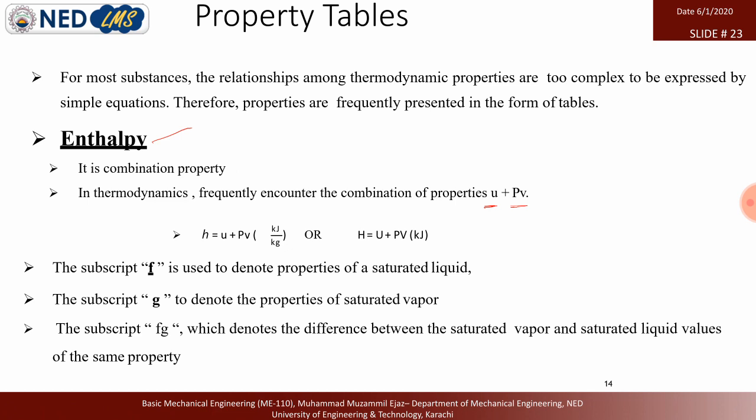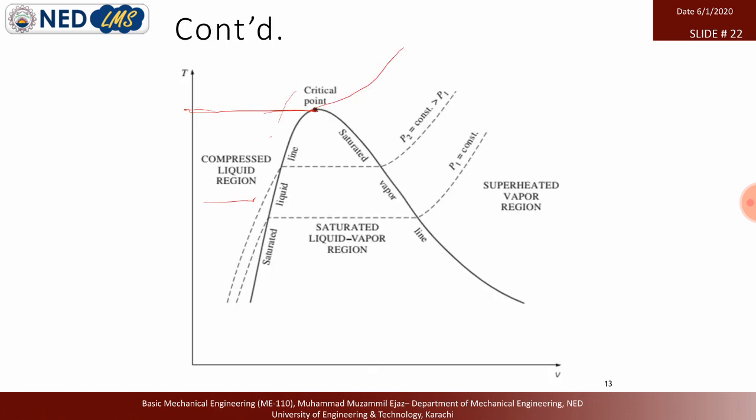In physical terms, let's suppose steam is at this point, saturated vapor. Now this saturated vapor can do work, and it also has internal energy. For example, if we have a cylinder like this and we hold it, then all the energy is internal energy.